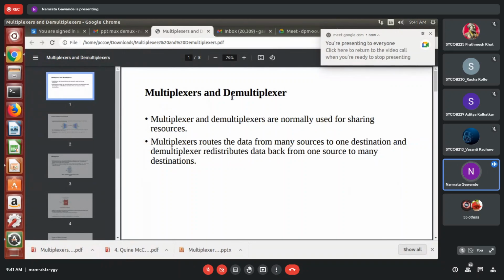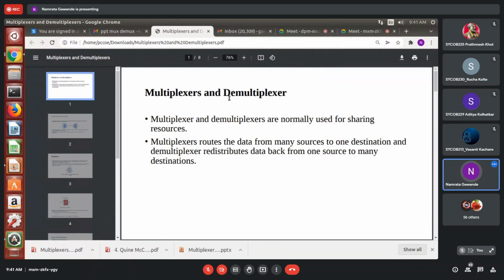See, there are many applications where we use the mux and demux concept, where many devices or systems need to access a common transmission medium. Let us consider a real-time example, our cable TV system, in which multiple TV channels are received at home via a shared transmission medium.